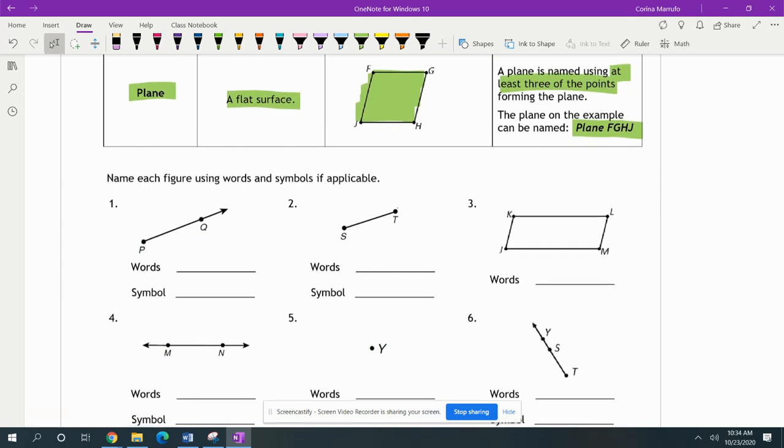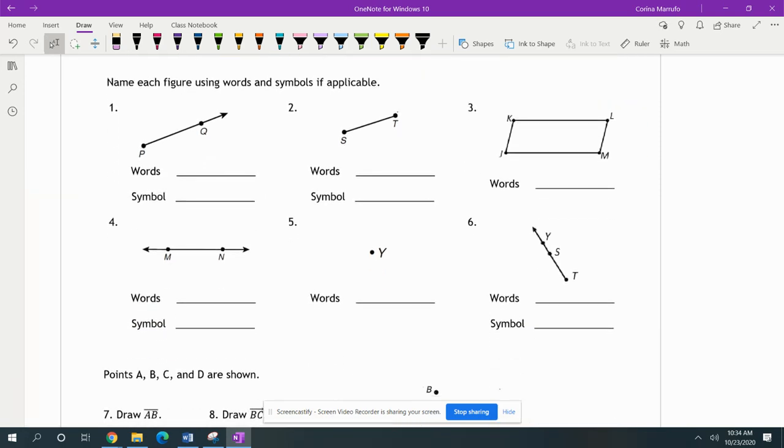Okay, so name each of the following using words and symbols if applicable. So the first one, this is called a ray. So in words, it's going to be ray, and then the endpoint is P. It starts at P and then it goes on out through Q. So it has to be PQ. If you use symbols, then you would use PQ, and you draw the little arrow on top.